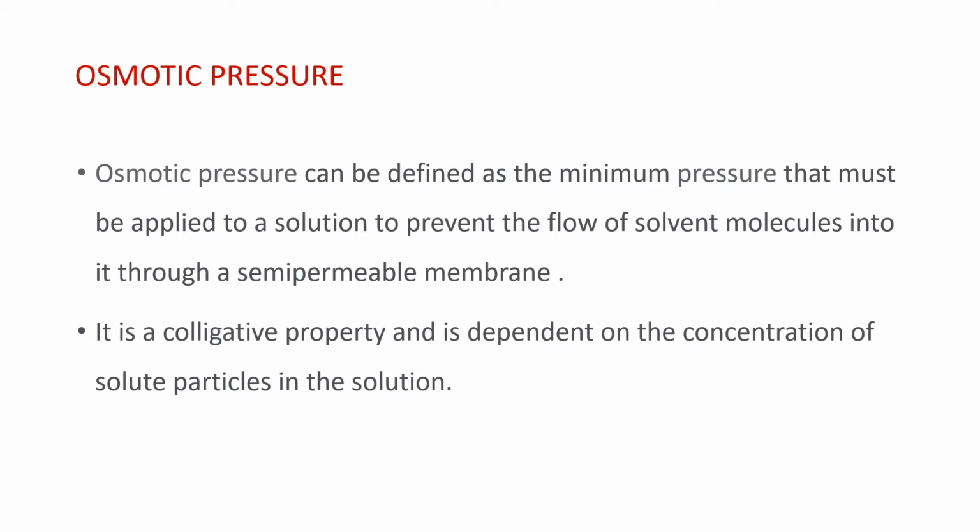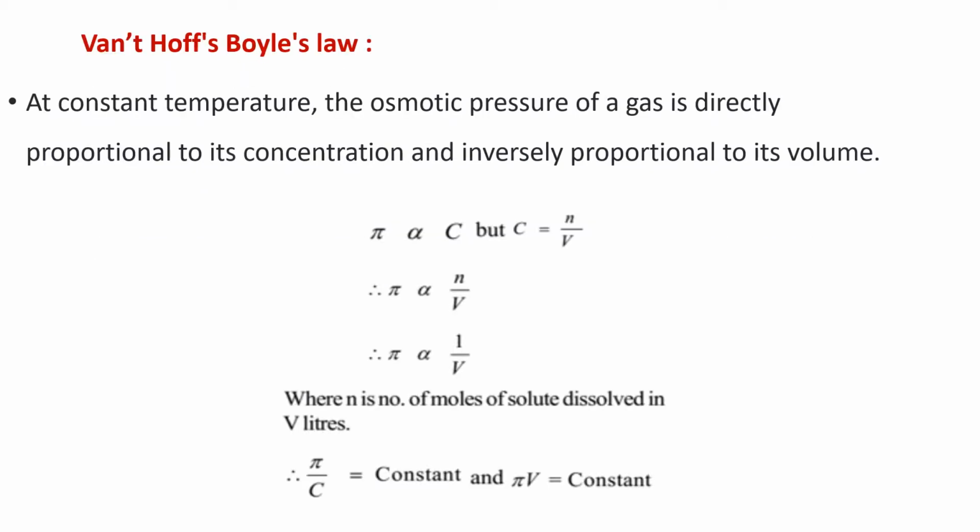That is, osmotic pressure can be defined as the minimum pressure that must be applied to a solution to prevent the flow of solvent molecules into it through a semi-permeable membrane. We know it is a colligative property and is dependent on the concentration of solute particles in the solution and not on the nature of the solute particle.